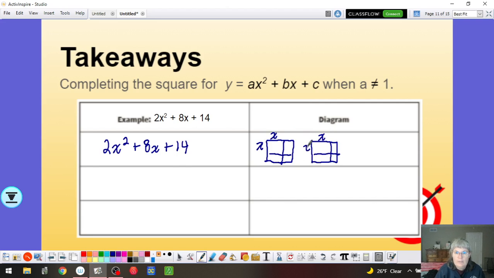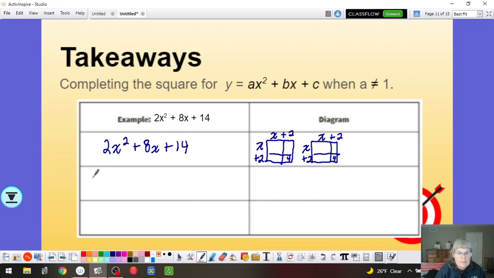Now keep in mind, we have to split up this 8 over 2 blocks. So that's 4 per block, but 2 per side. And our units end up being 4.